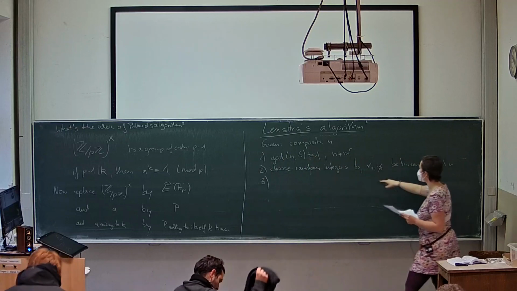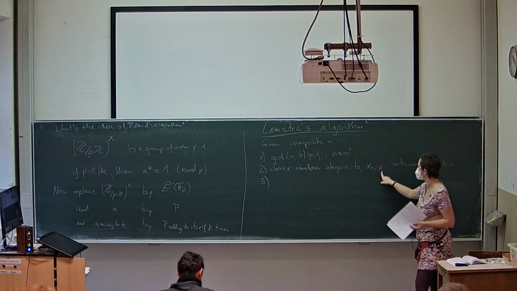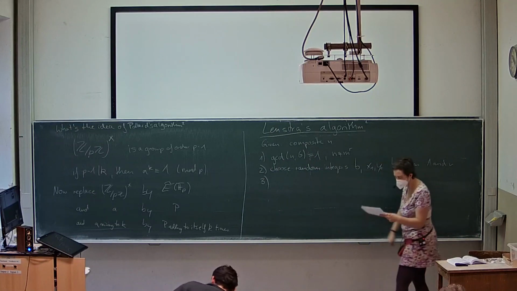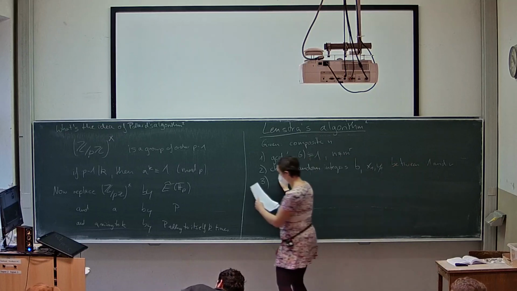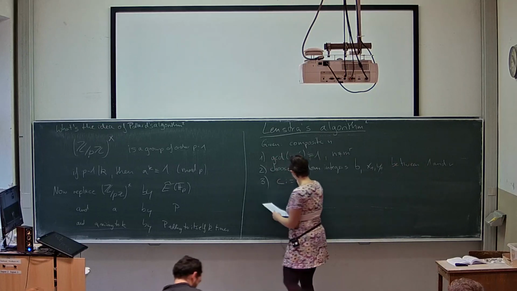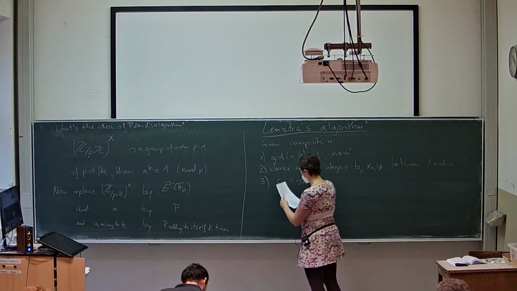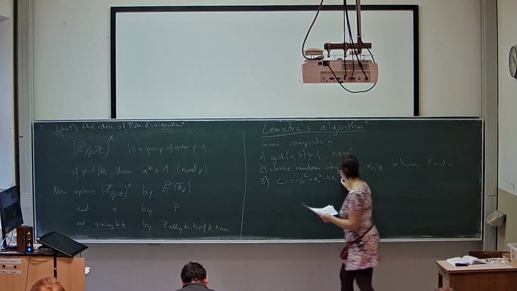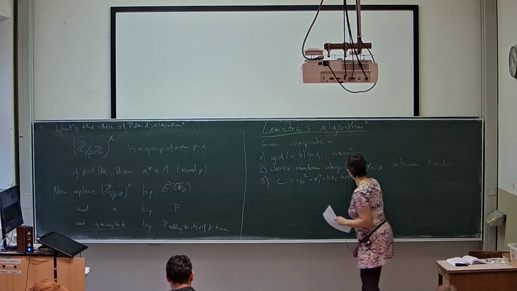So we choose random integers b, x1, y1, and we want to construct a curve with a point on it. We define c as y1 squared minus x1 cubed minus b x1 mod n.